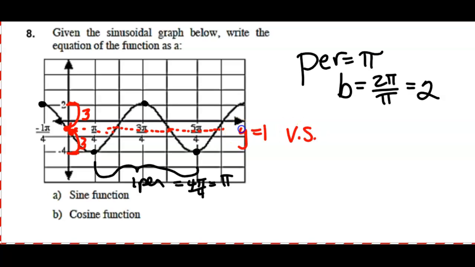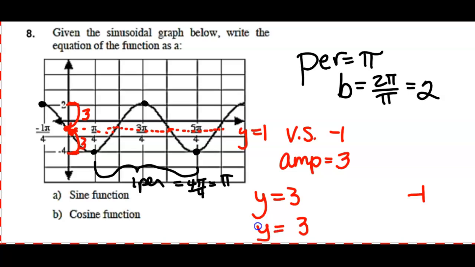So the vertical shift is -1 for either sine or cosine. And then the amplitude is 3 above that to +2 and 3 below that to -4. So if it's a sine, it's going to be y equals 3 with a minus 1 at the back. If it's a cosine, it's still going to be y equals 3 with a minus 1 at the back. And both of these will have a 2 for the b value. So we're going to have sine of 2 something and cosine of 2 something.